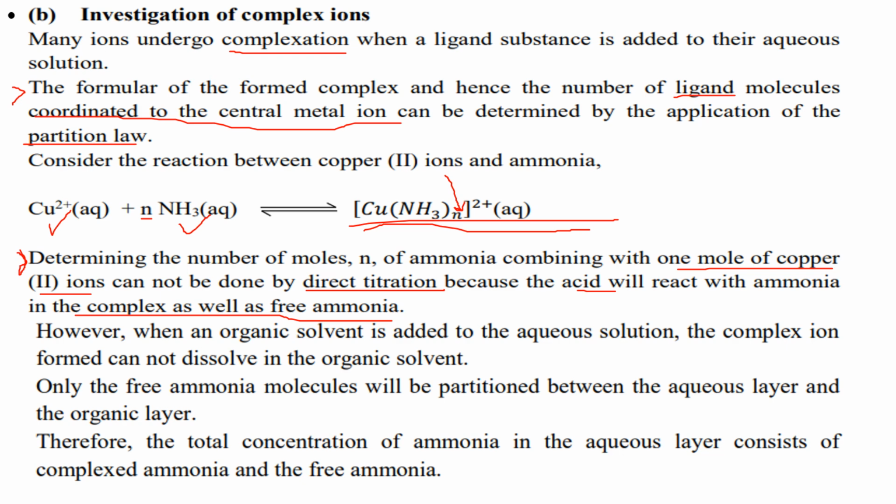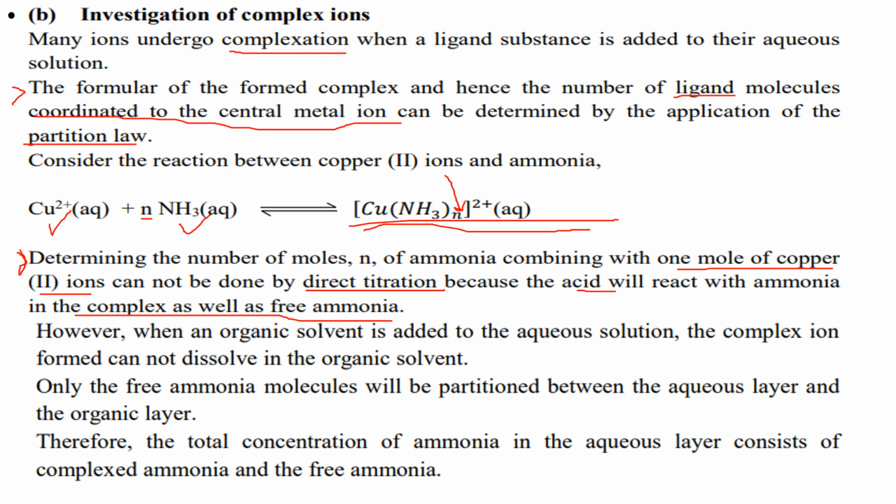But before that video is uploaded, you are advised to first understand the notes about it. We are going to be looking at how to find that n, but it can't be got by direct titration, because the acid is going to react with ammonia in the complex and as well with ammonia that has been left free.